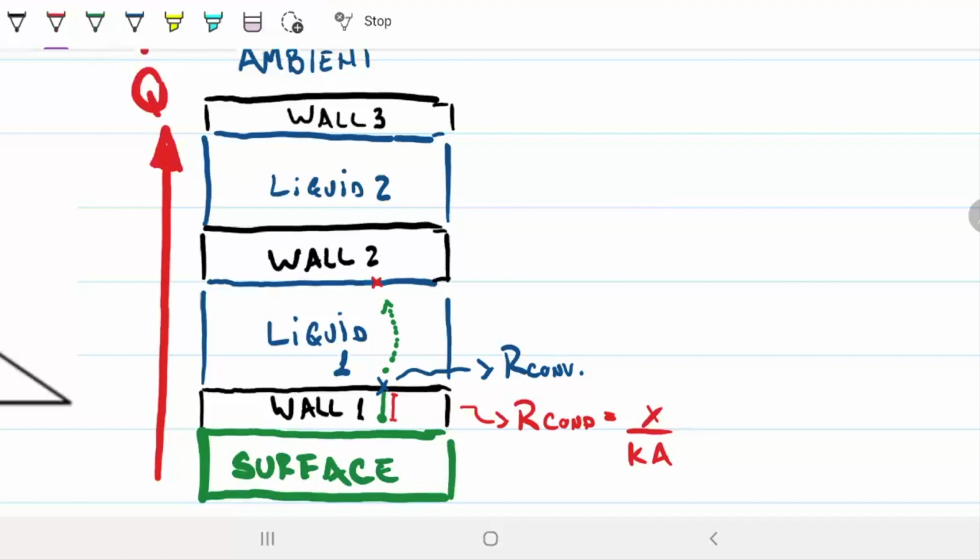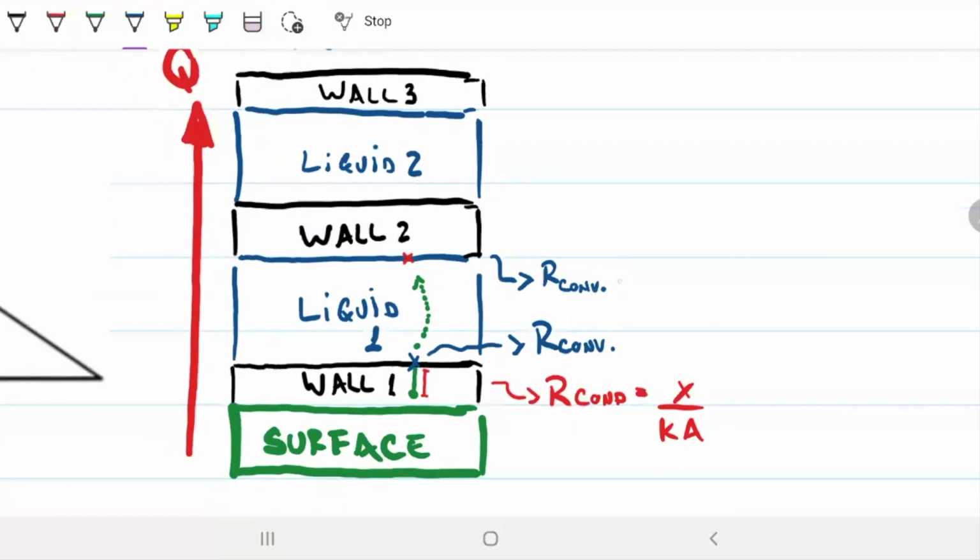Now, this convective resistance can be the same magnitude as the previous one, so long as there's no change in whether the fluid is turbulent or laminar, the material of wall 2 is the same as wall 1, and the roughness of wall 2 is the same as the roughness of wall 1. Most likely it will be different, but it can be the same magnitude.